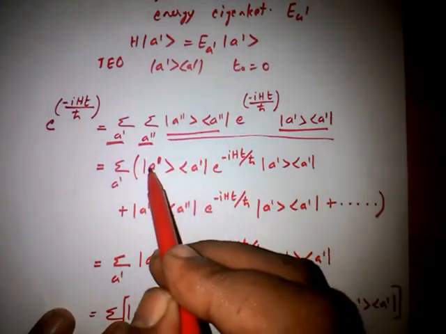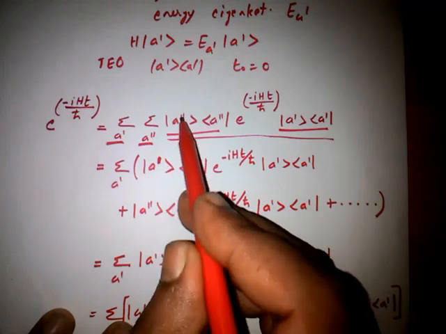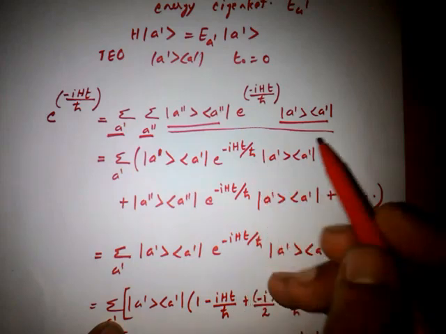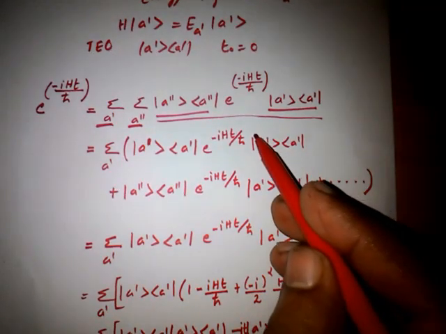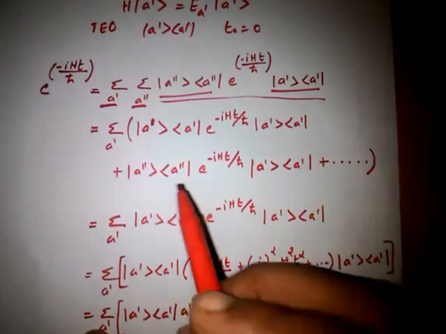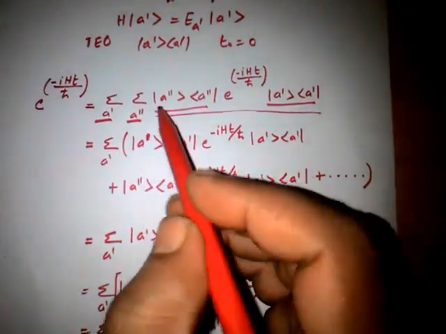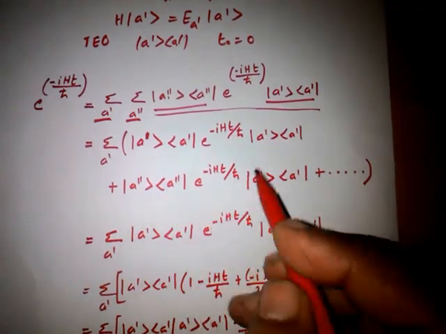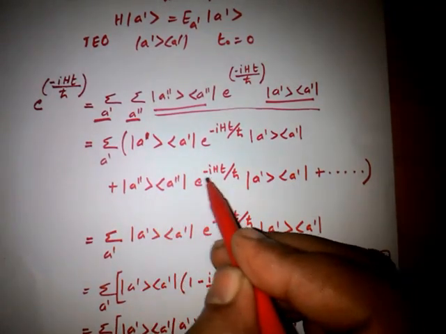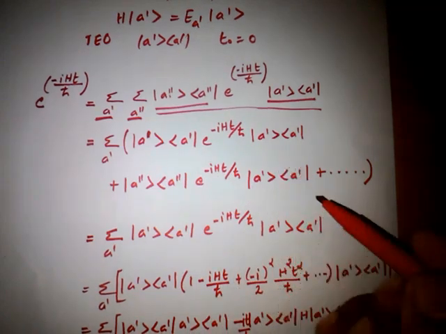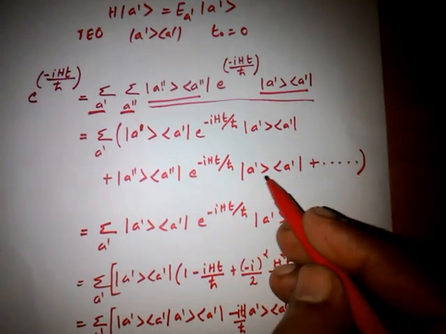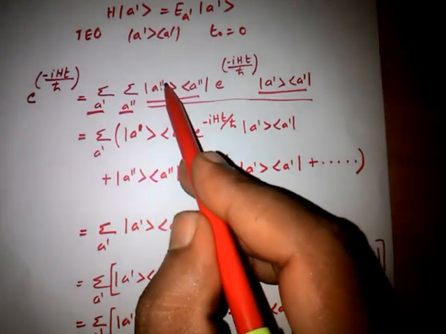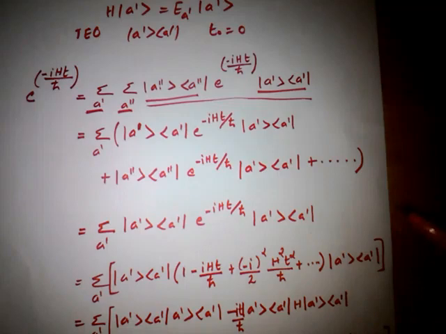That means first we apply a dash for a double dash, that is the outer product of a dash, e raised to minus iHt over h cross, outer product of a dash, plus we will give a double dash for this value, so that is the outer product of a double dash, e raised to minus iHt over h cross, into the outer product of a dash, plus next we will give a triple dash for this term, and we will expand and so on.